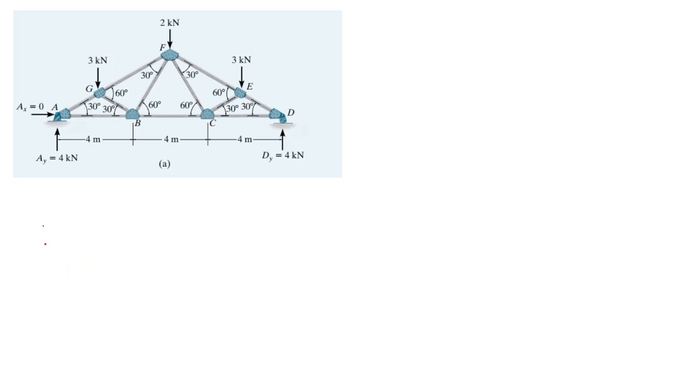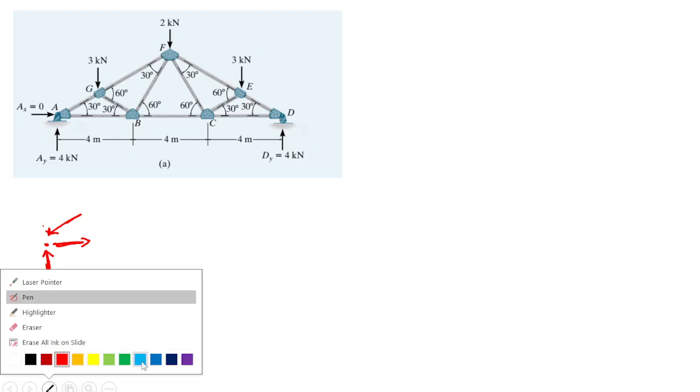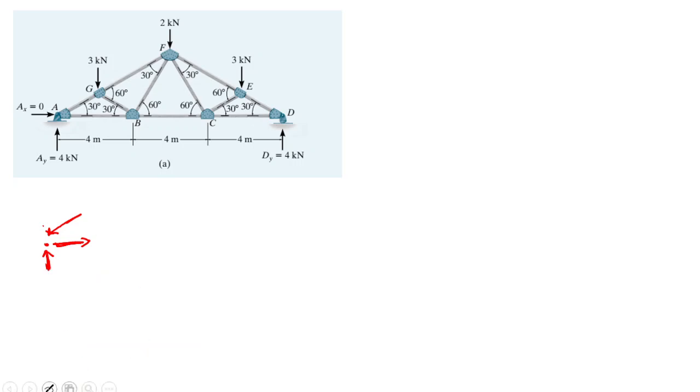We have a 4 kilonewton force coming into the joint. We can choose a direction for the member forces. We say it's leaving, and for equilibrium we can say this is also coming into the joint. Whatever direction you pick, at the end of the day, if what you get is negative, it means the direction you picked was wrong.